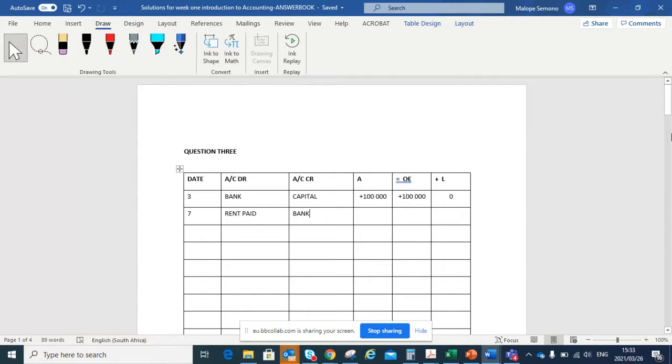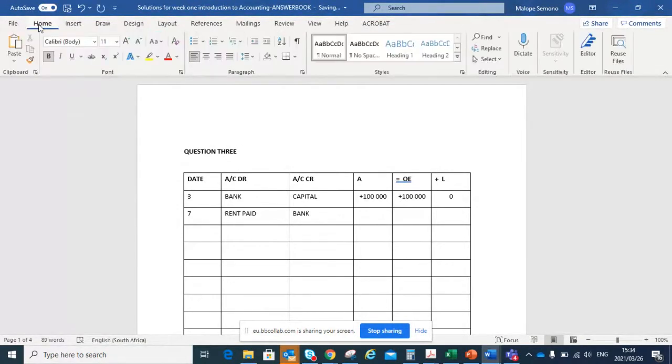Owner's equity is affected by the following. Write it down. So when you see the following, just know that you are going to affect owner's equity. Write them down. I can also write them down here. Let's see if I can fit them. I can't squeeze them here. Okay, I'm going to write them here now.